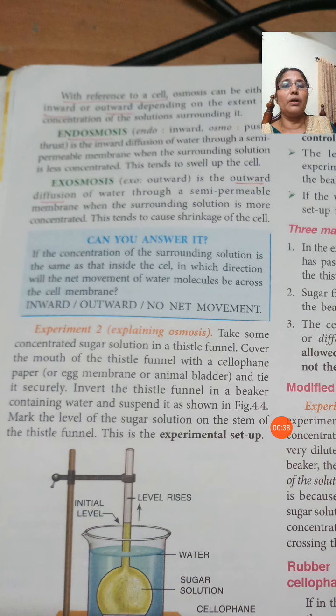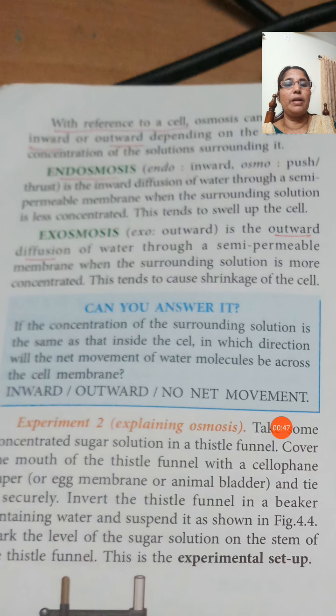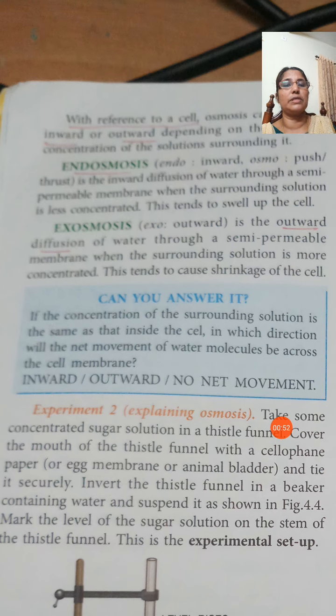Usually, endosmosis takes place when inward diffusion of water occurs through the semi-permeable membrane because the surrounding solution is less concentrated. If we place a cell in a solution less concentrated than the cytoplasm inside the cell, endosmosis takes place.